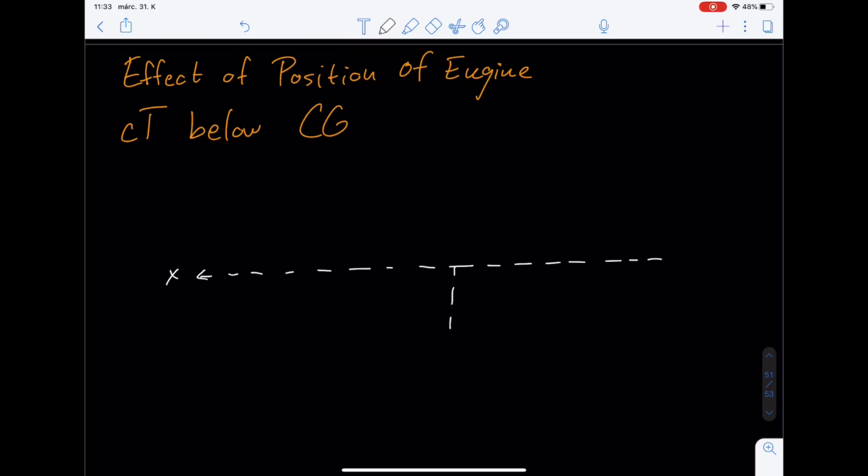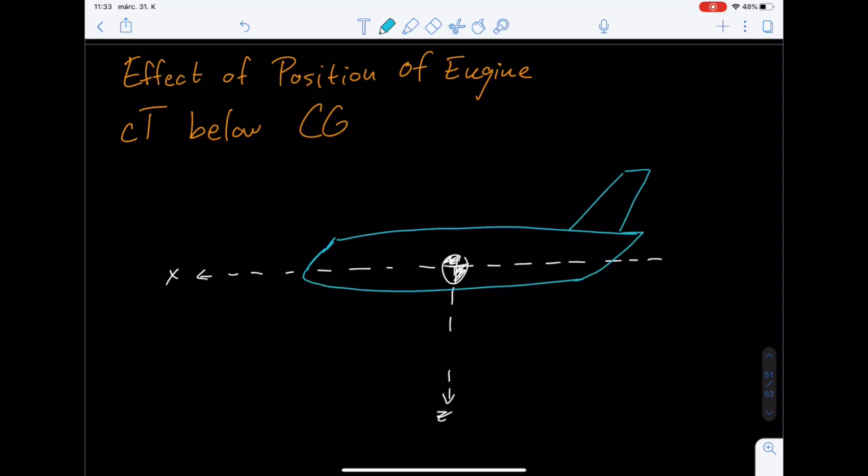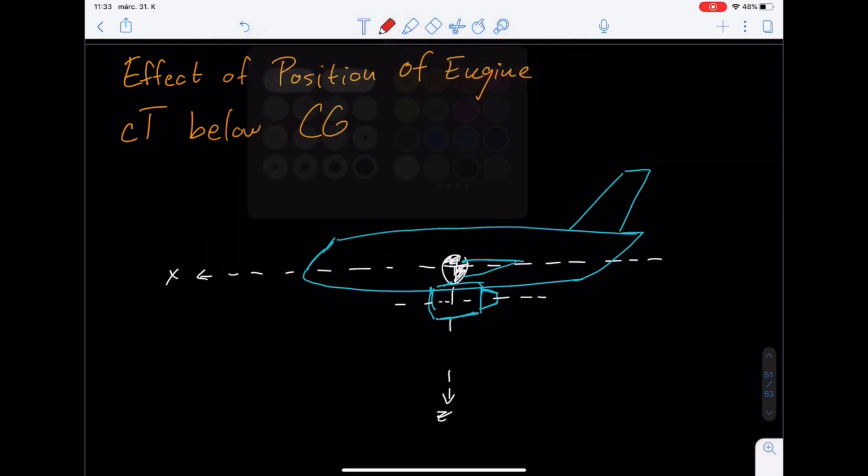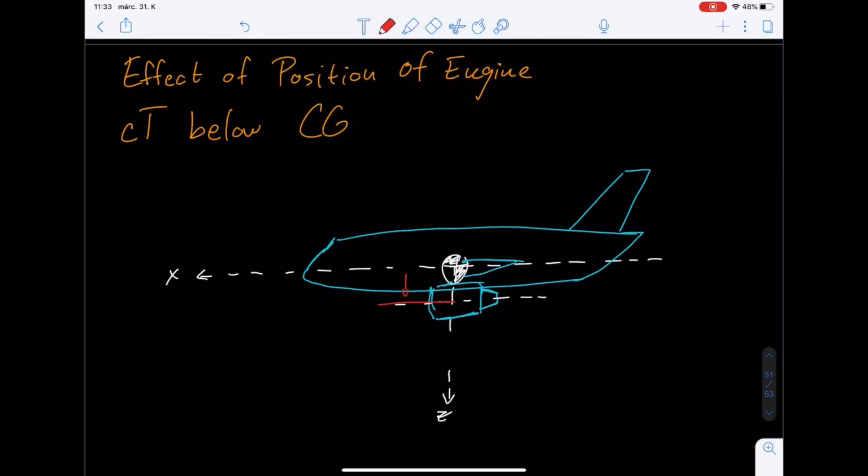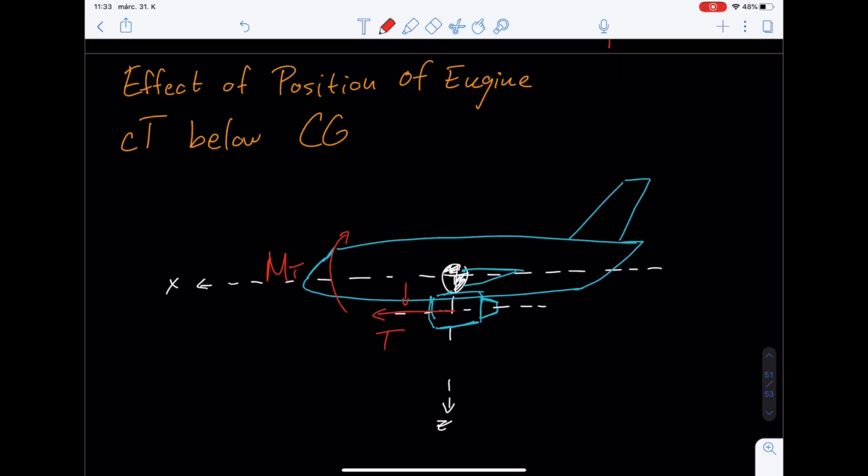Because here you have the center of gravity in the middle, we have the z-axis, so here you have the silhouette of your airplane, you know, somewhere you have the wing, and you have also the engine, and you can see that the axis of symmetry of the engine is below the center of gravity, and therefore the thrust is going to have a pitch up moment around the center of gravity.